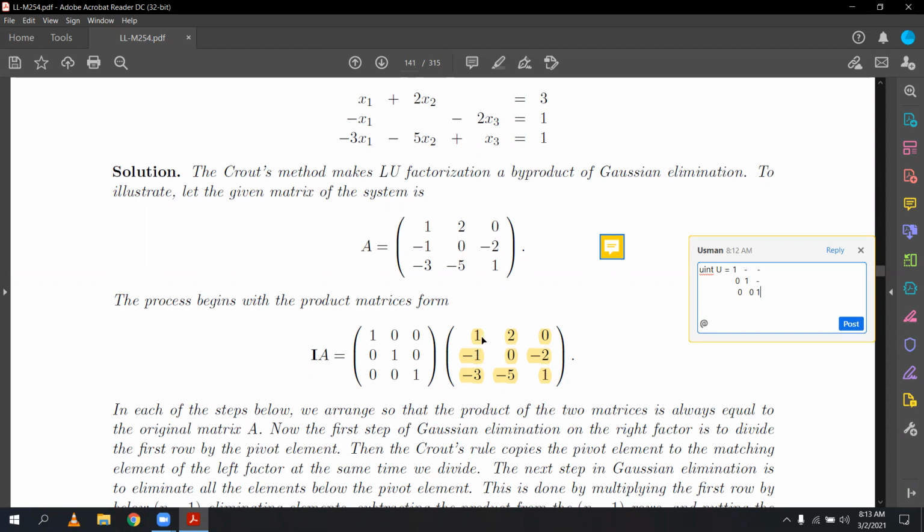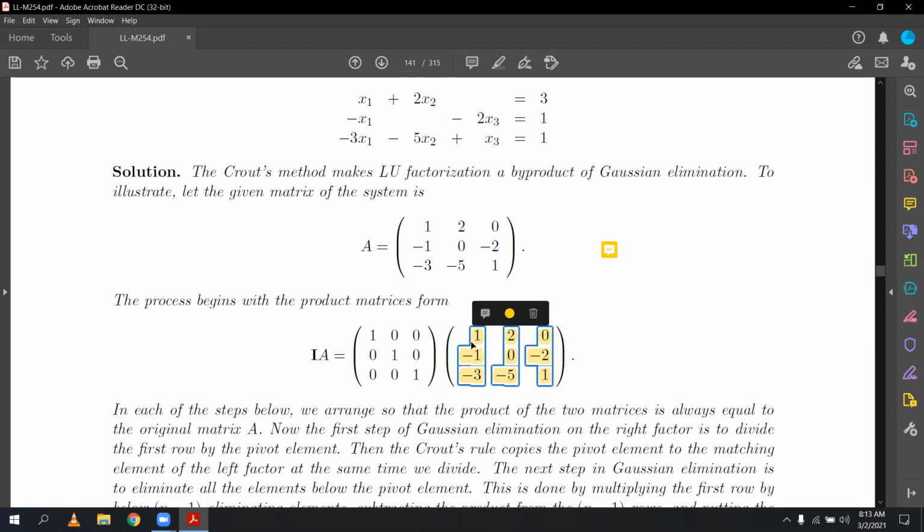First, what is your first job? The first job you have to check is that the diagonal must be 1, right? This should be 1. If it is not 1, what do we do? We divide this row by that number to make it 1. For example, here is 4. How can you make 4 into 1?